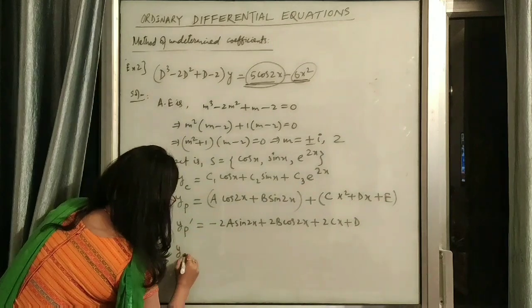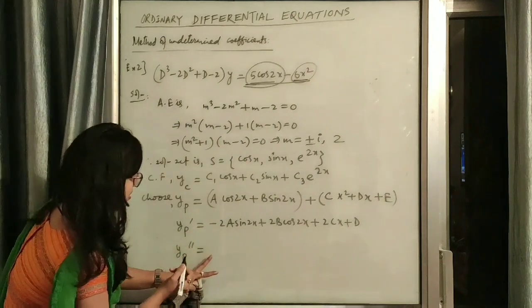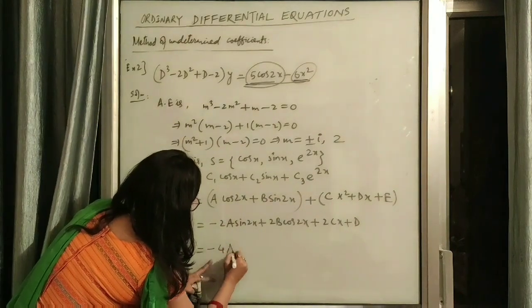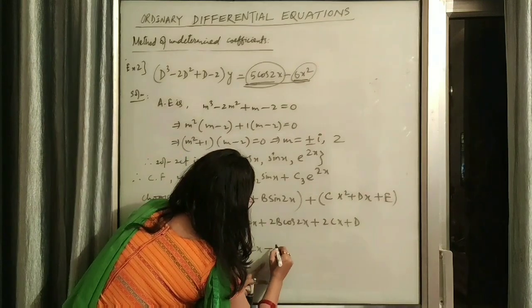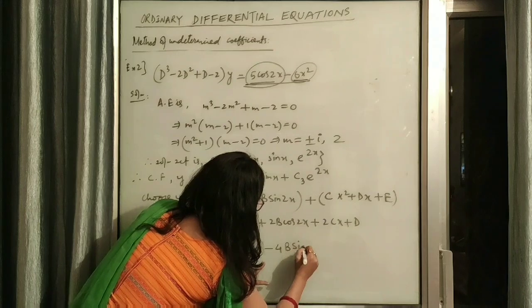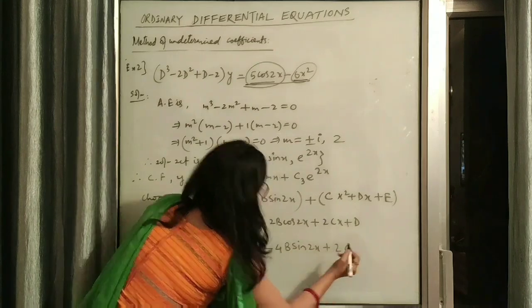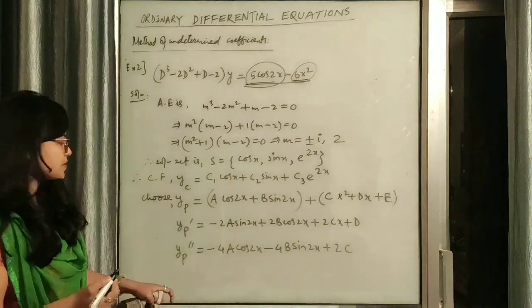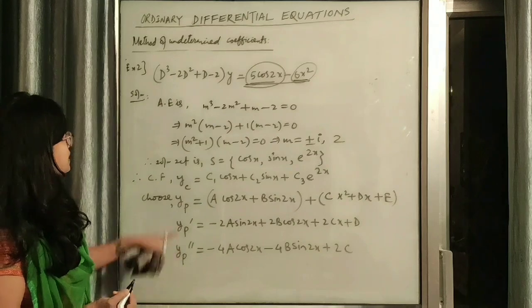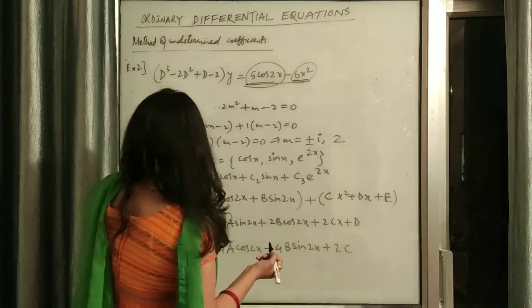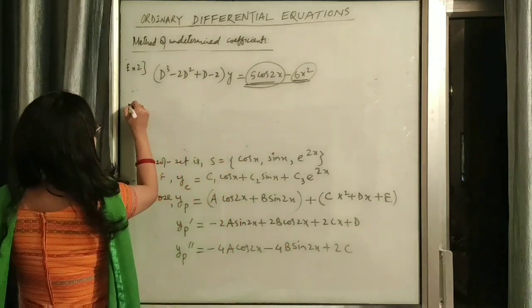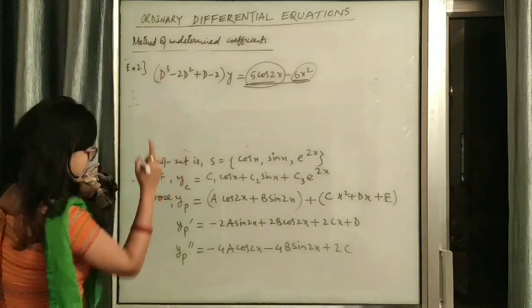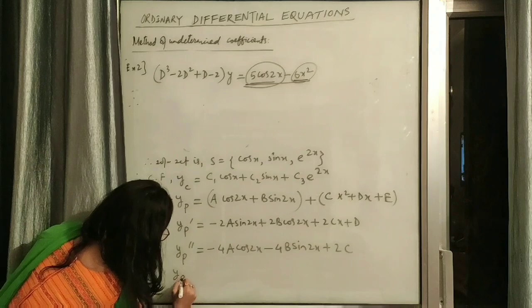Then yp double dash will be −4a cos 2x − 4b sin 2x + 2c. Now we will substitute yp, yp dash, yp double dash in the given differential equation. Oh, one more: it's a third order, so we need yp triple dash also.